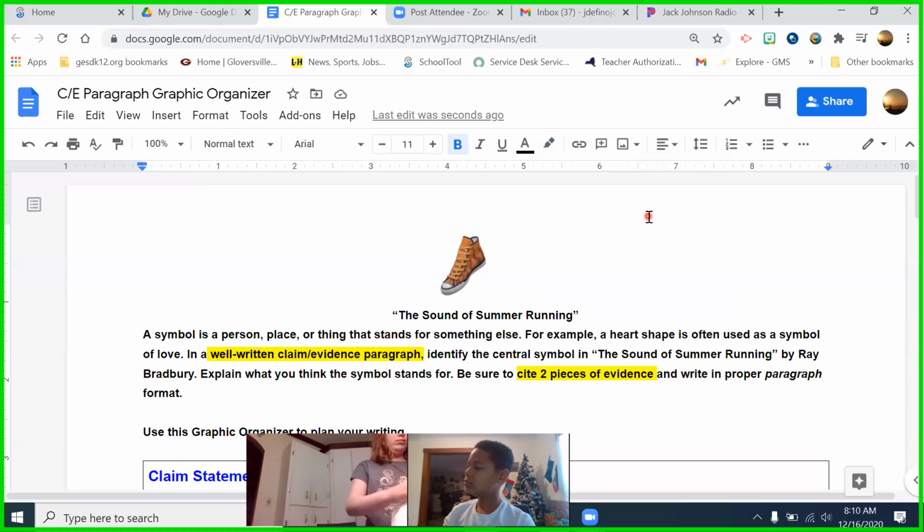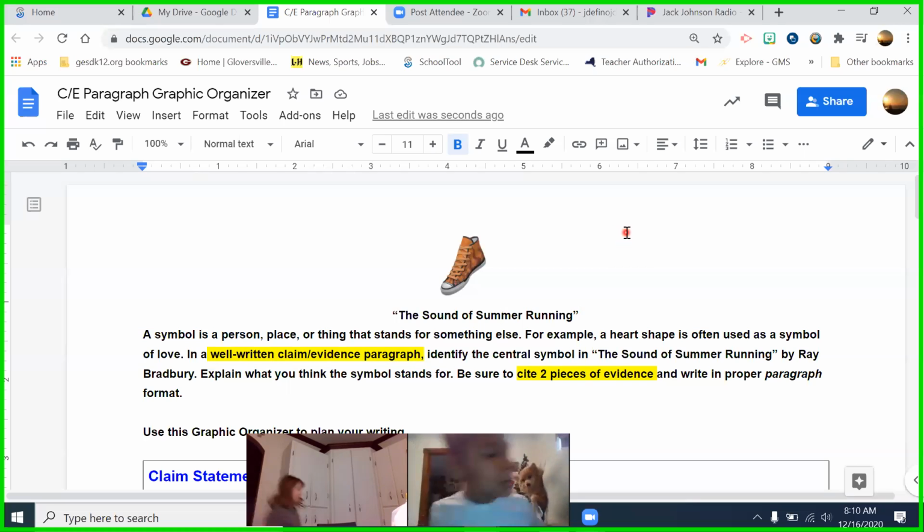So what's my question? Zion, what's the question? What is my task? What do I have to write about? Say again? Well, what about The Sound of Summer Running? What's the question? And this wordy direction thing, where do I find what I have to write about?